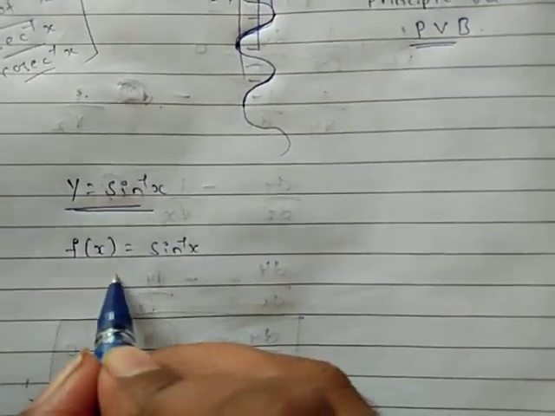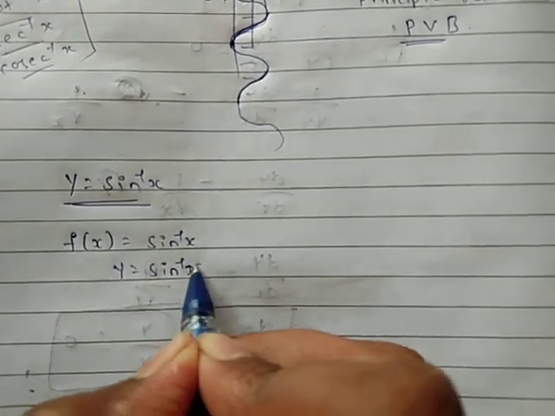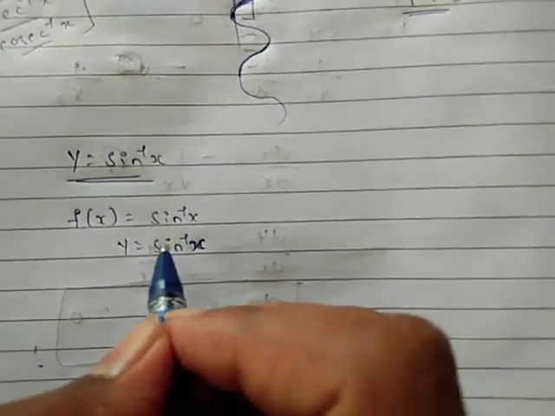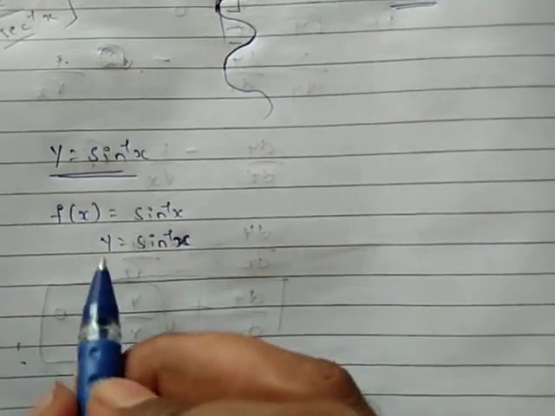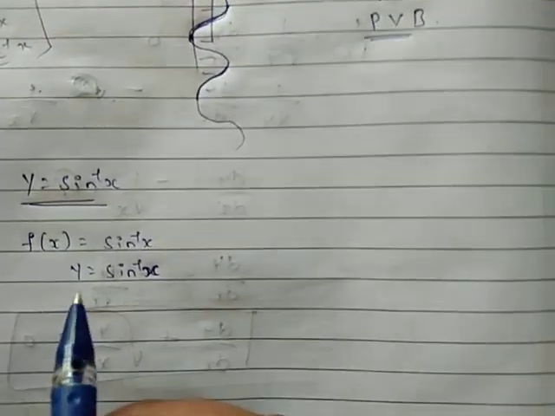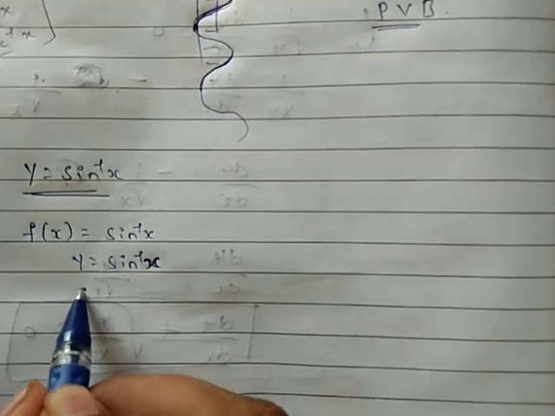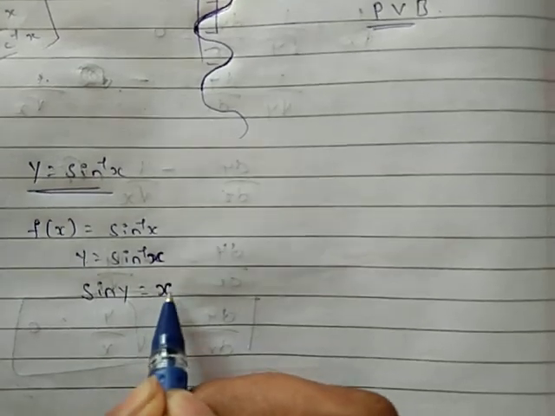For these inverse functions we have the standard derivatives. Now, we are going to derive the standard derivatives of these inverse trigonometric functions. As we observed in the introduction, y is equal to sin inverse of x means we can say that sin y is equal to x.